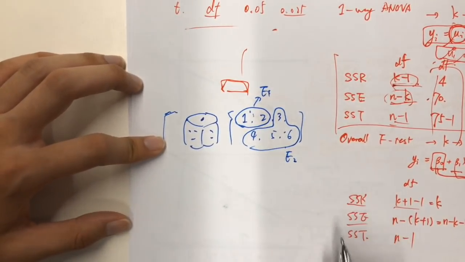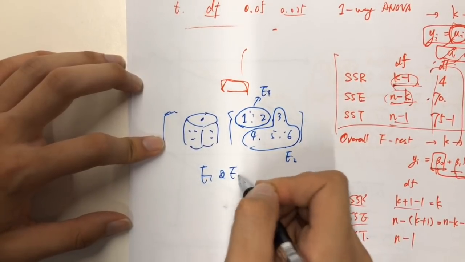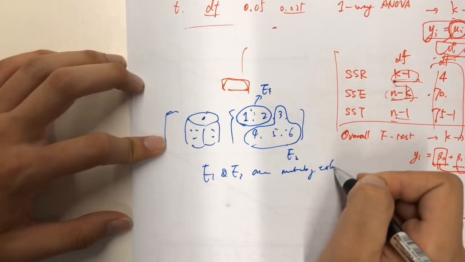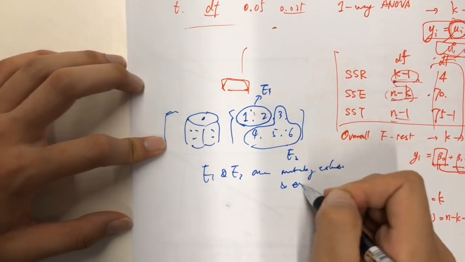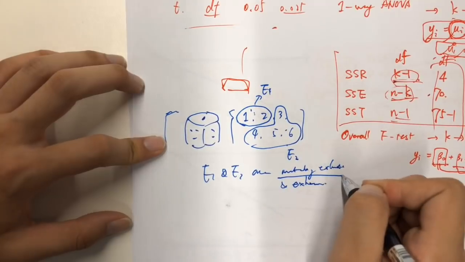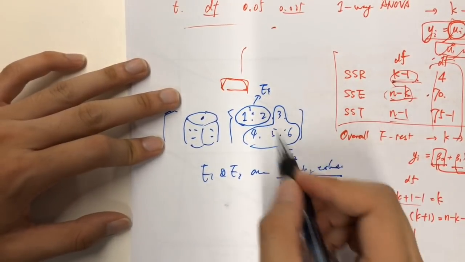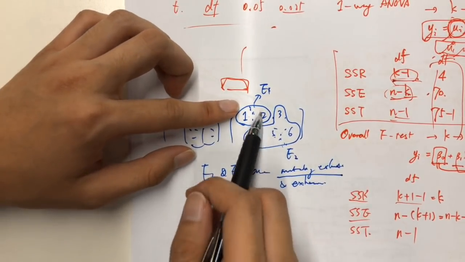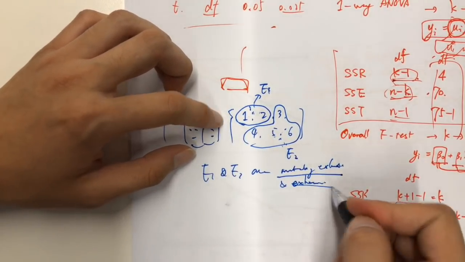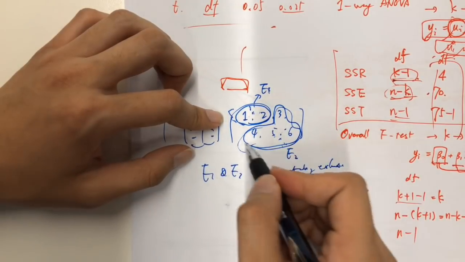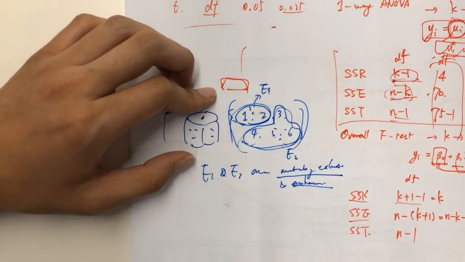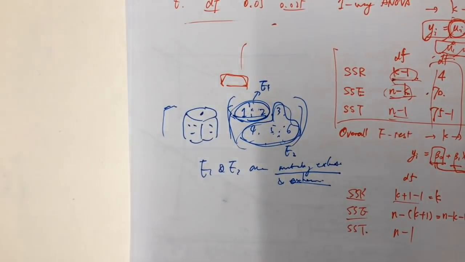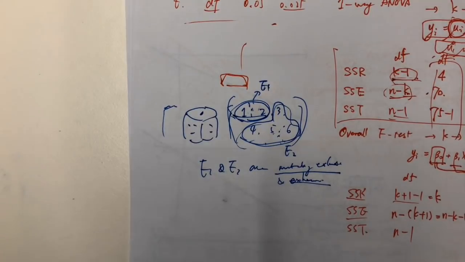So here, E1 and E2 are mutually exclusive and exhaustive. Mutually exclusive means they can never happen together, they have nothing in common. Exhaustive means if we put them all together, it is the whole sample space. So we say E1 and E2 are two mutually exclusive and exhaustive events.